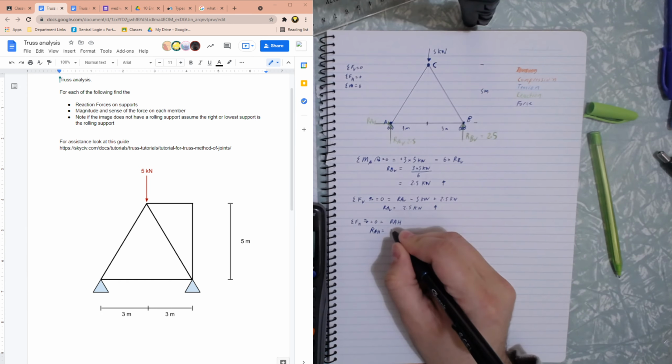Our vertical portion should be sine 59 times force BC.